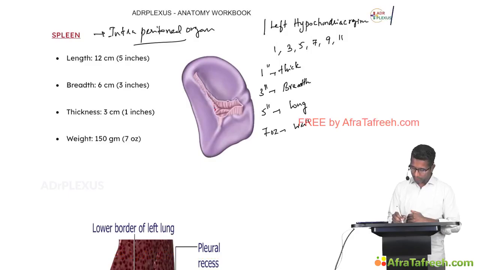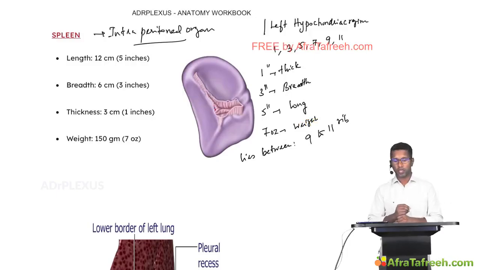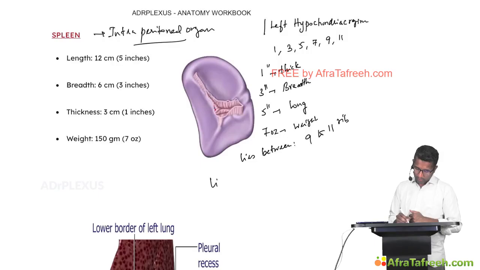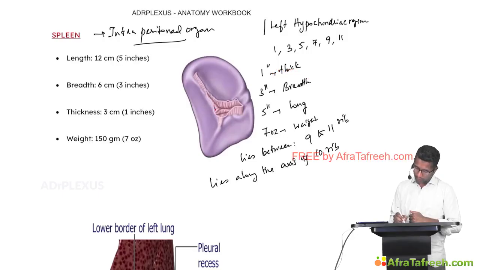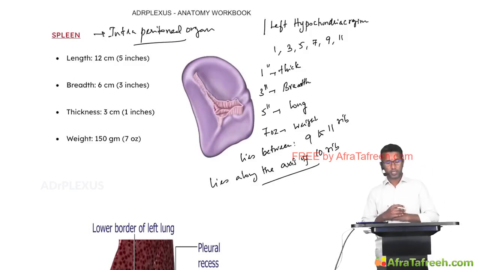It lies between the 9th to 11th rib, and it lies along the axis of the 10th rib. So along the 10th rib lies the axis of the spleen.